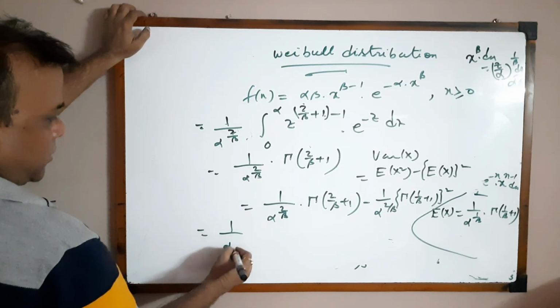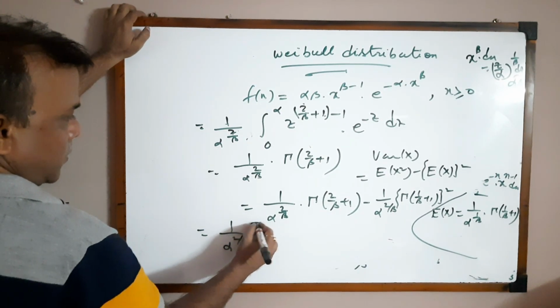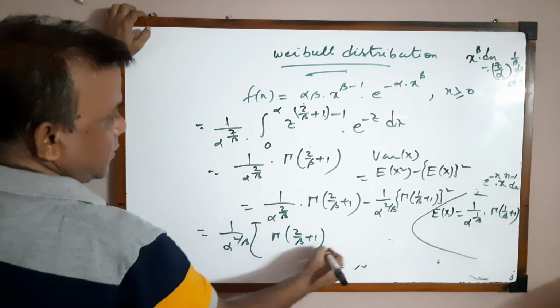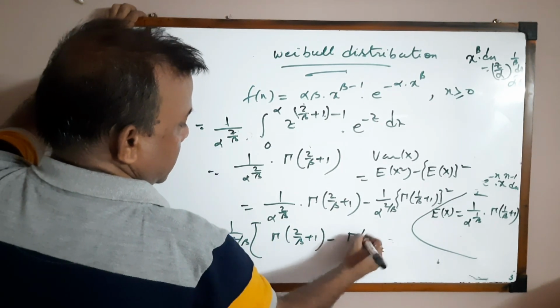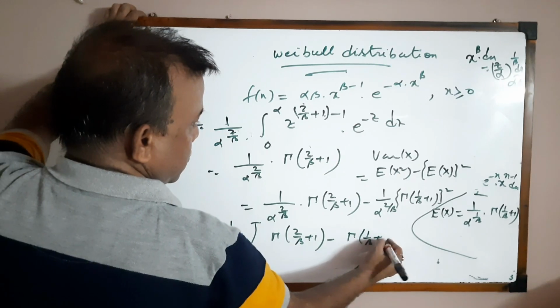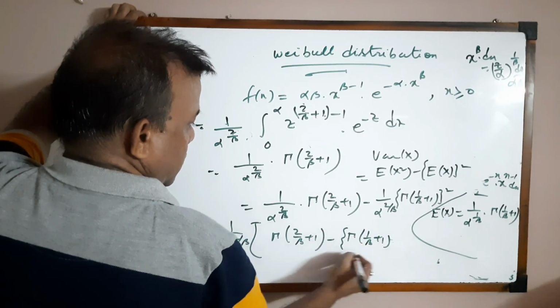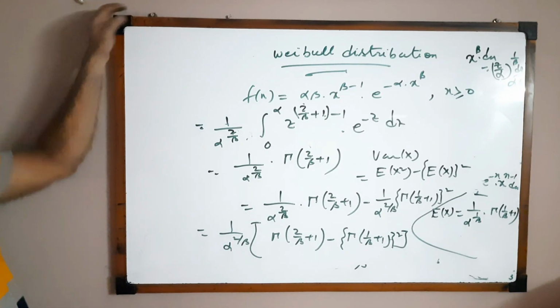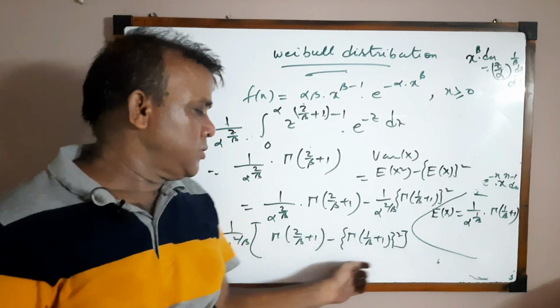That is 1 by alpha to the power 2 by beta times gamma 2 by beta plus 1 minus gamma 1 by beta plus 1 whole square. Therefore, the variance of Weibull distribution is this one.